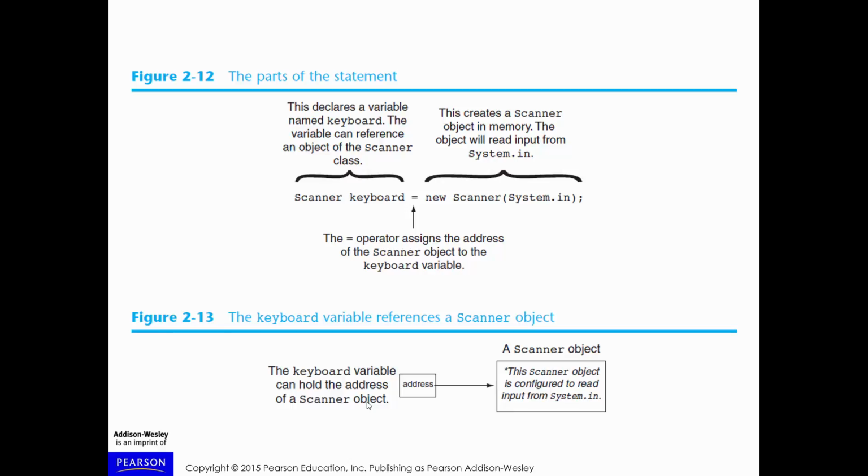So just to reiterate what's in the slide, the Scanner keyboard declares a new object that's called keyboard that's of type Scanner. All right, so this is creating a new variable of this type. Since the type is a class, I have to instantiate or create an object of it. So that's what this is doing. And then this says create the object and assign it to that.